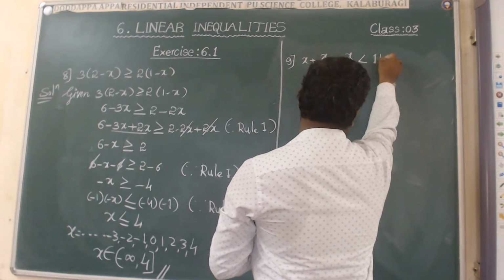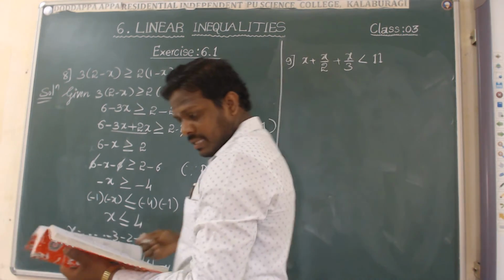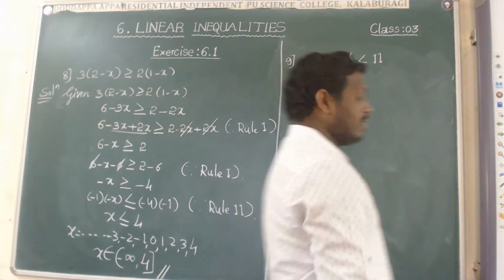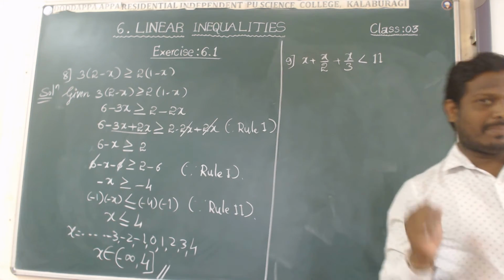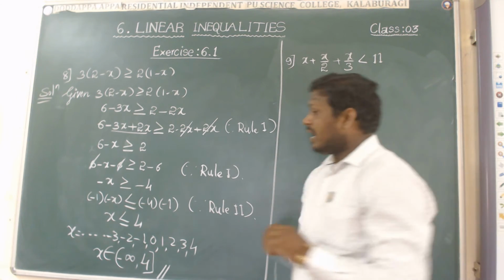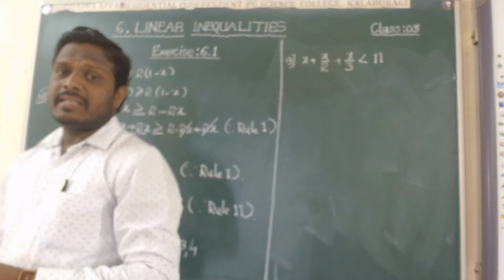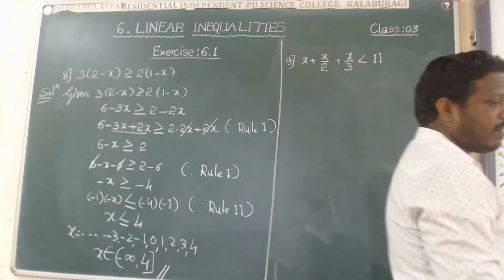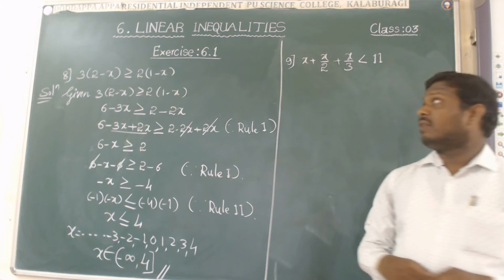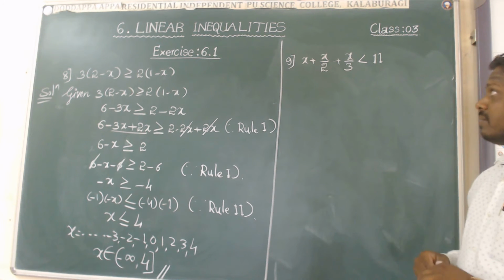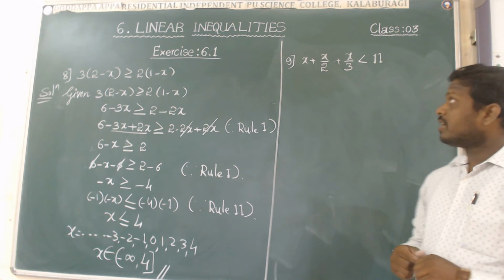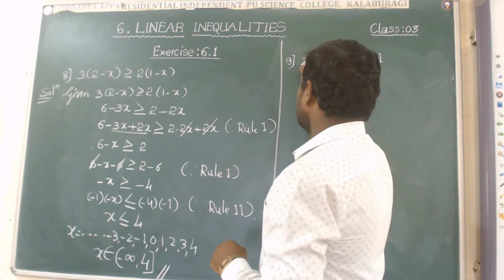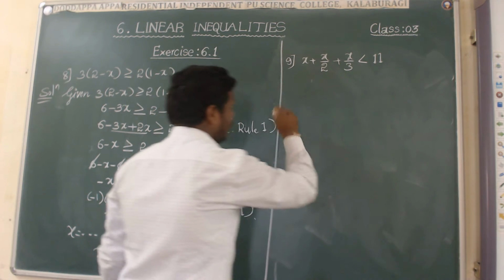This is the given question: we have to find the x values in the form of real numbers. On the left side, 3 terms are there. 2 terms are in rational form, and one is again a single term, that is x. We have to take the LCM of all these. I will write in the solution.